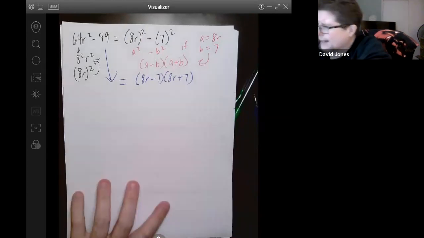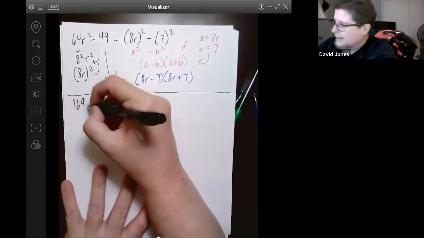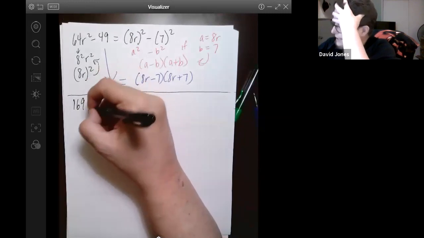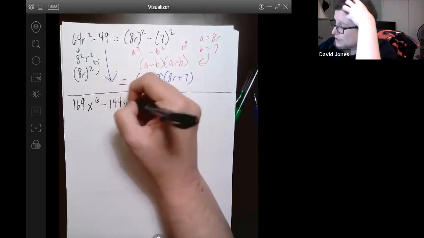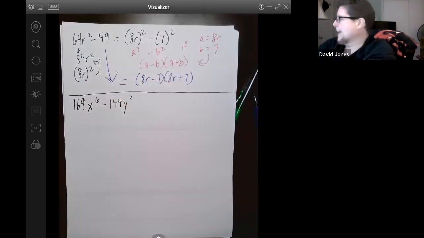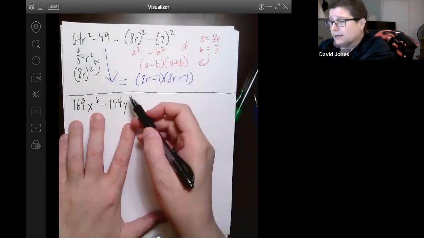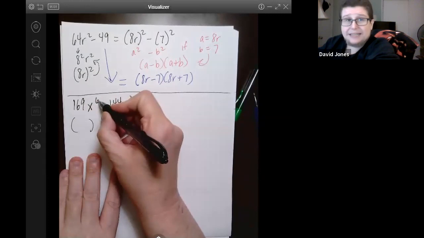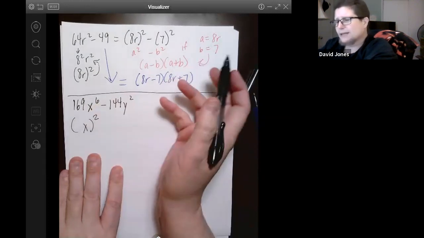Maybe a little more complicated. Let's use x. x to the 6th power minus 144y squared. Now, if you see two terms like this and there's some squares, the powers are even, I can divide by 2 and put the 2 on the outside. 6 divided by 2 is 3.